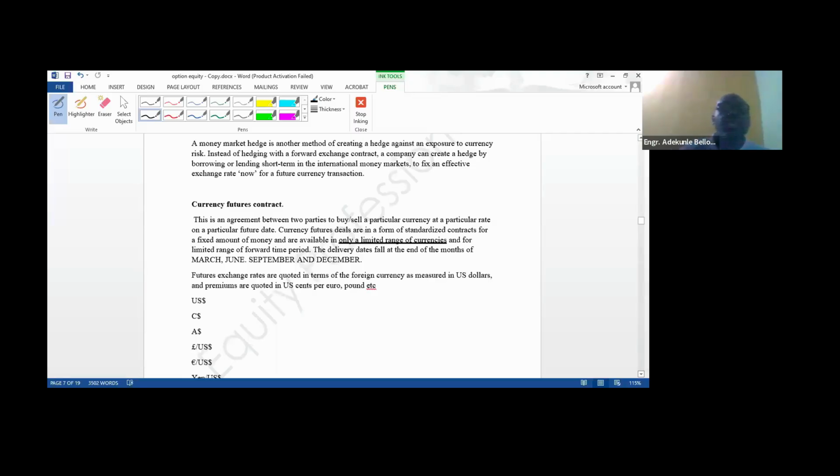A currency futures contract is an agreement between two parties to buy or sell a specified amount of foreign currency at a fixed purchase price.